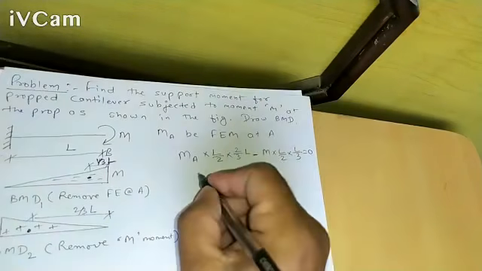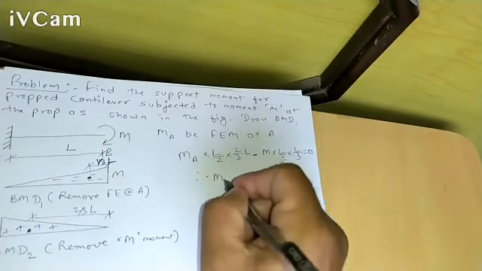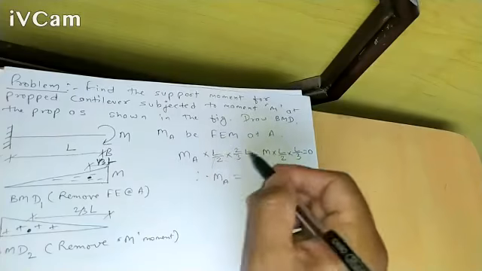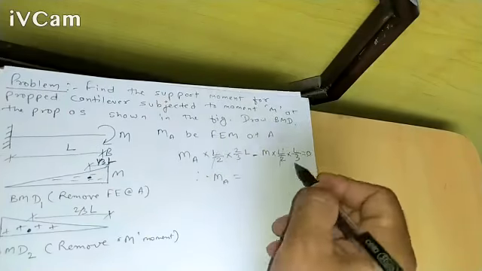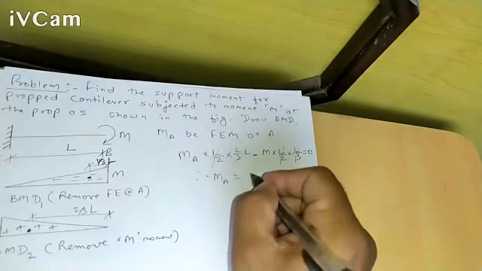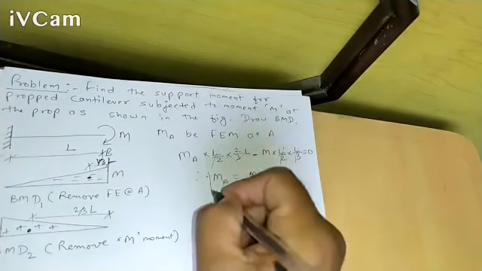So from this you will get MA equals to, this is L by 2, L by 2, this L by 3 and this is L by 3. So you will get MA equals to M by 2.